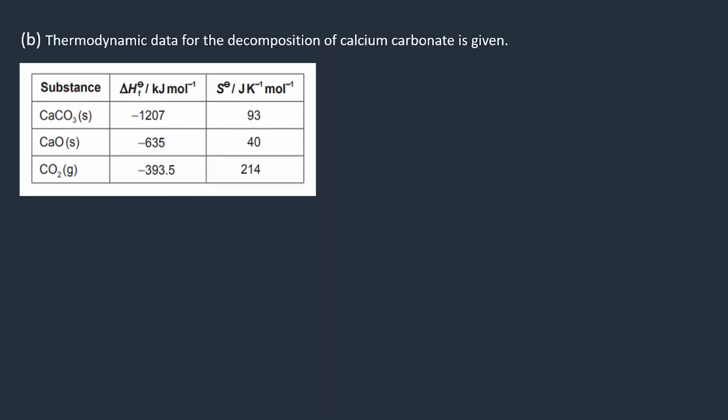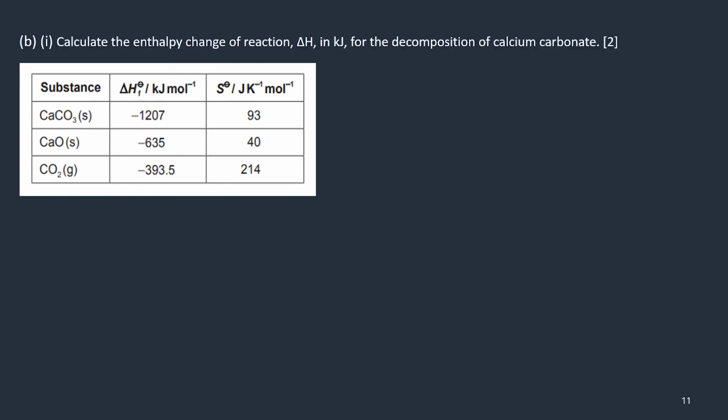For B, they give us the data regarding enthalpy and entropy for calcium carbonate, CaO, as well as carbon dioxide. And so in B1, they want us to calculate the enthalpy change of the reaction in kilojoules for the decomposition of calcium carbonate.